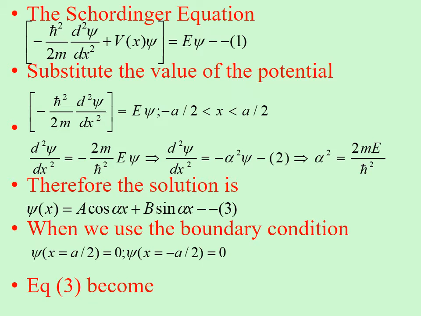If you apply the boundary conditions, psi of x at a by 2 is equal to 0. Similarly, psi of x at minus a by 2 is equal to 0. Now you substitute these values in equation 3.